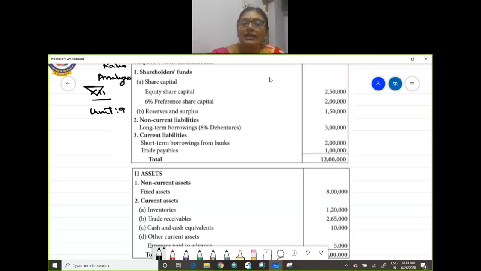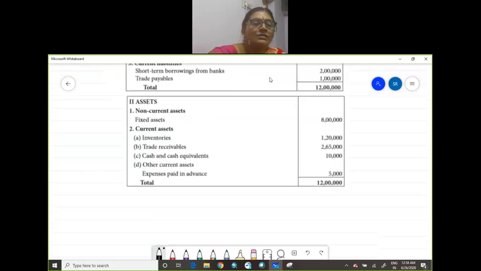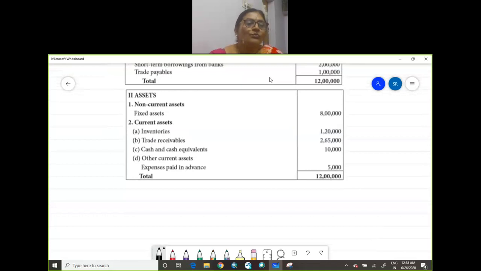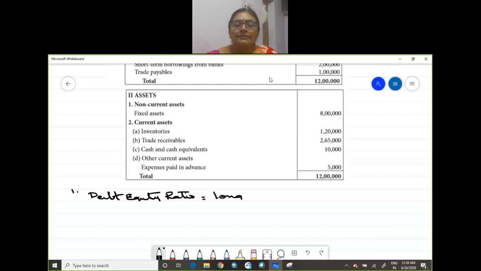First, you have to calculate debt equity ratio. So what's the formula for debt equity ratio? Long-term debt divided by shareholders fund.